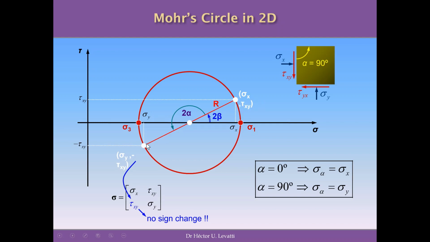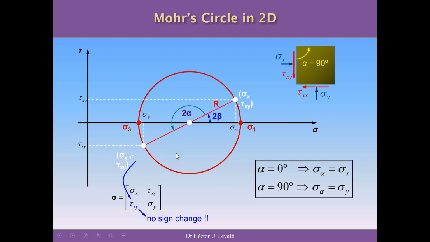For example, this point in here and this point in here represent the pair of axial stresses sigma x and sigma y with the positive and negative component of the shear stresses. You have to be very careful in the interpretation of this Mohr circle, because if you are talking about the tensor in 2D, in the tensor you don't have any change in the sign of the shear stress, but you have a change in the sign of the shear stress in the representation of the Mohr circle.